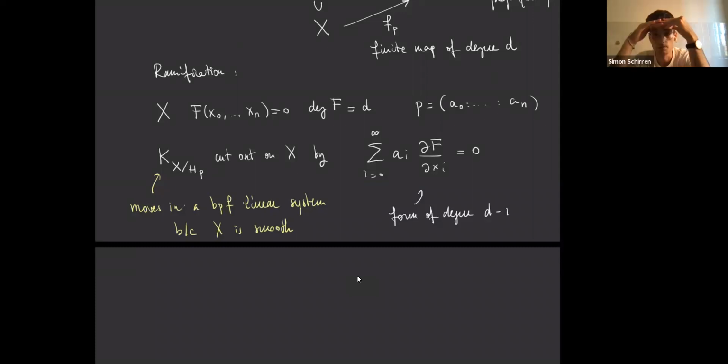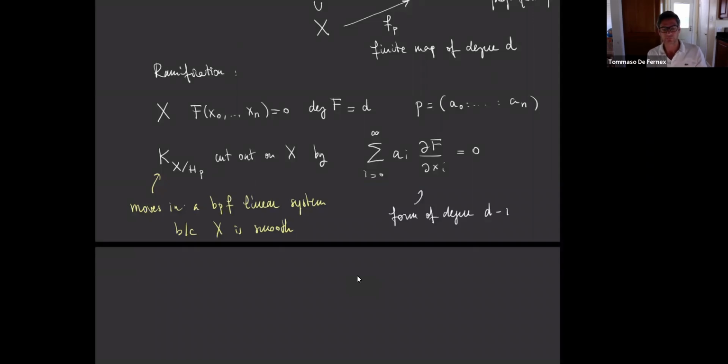Another way of saying this is that I'm looking at the place where the tangent space passes through the point P. A point is in the ramification divisor if and only if the tangent space passes through the point P. The tangent space at a point on X is defined by that equation.